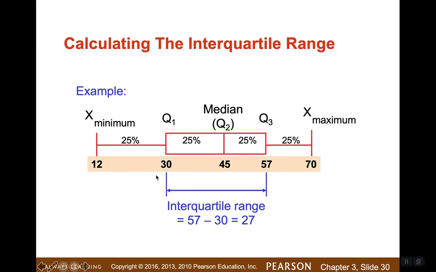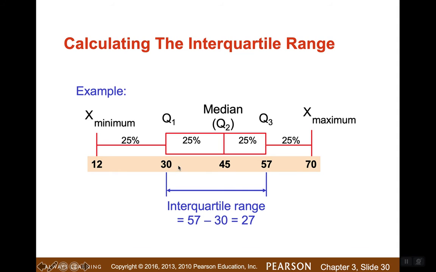We take our range of numbers from 12 to 70. 12 to 30 makes up our first quartile. 57 to 70 makes up our third quartile. And then the interquartile range is 57 minus 30, which is 27.